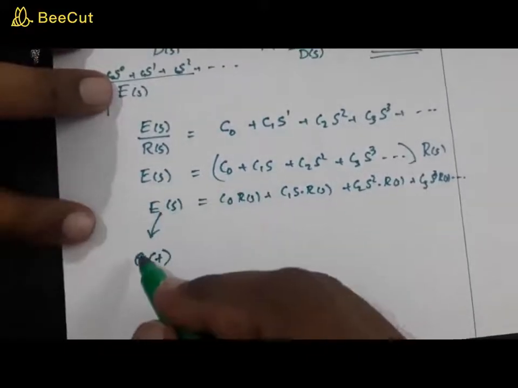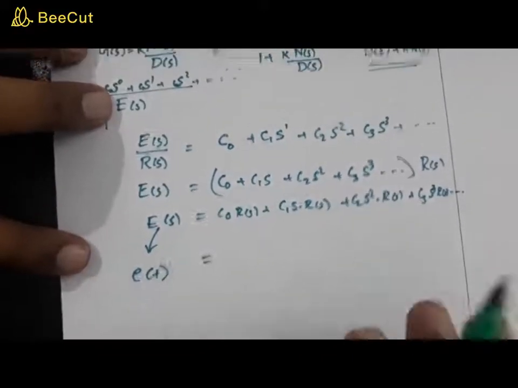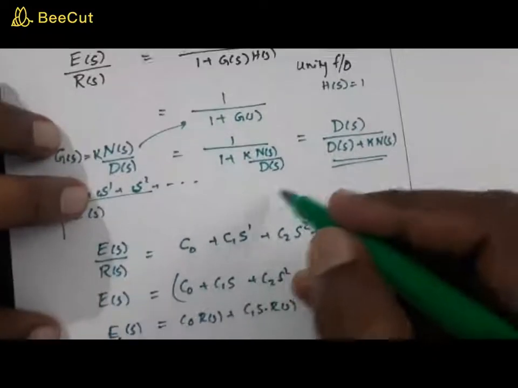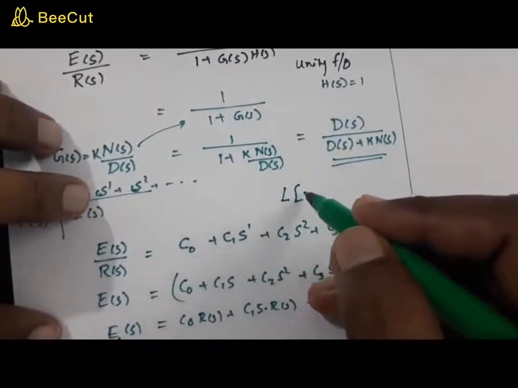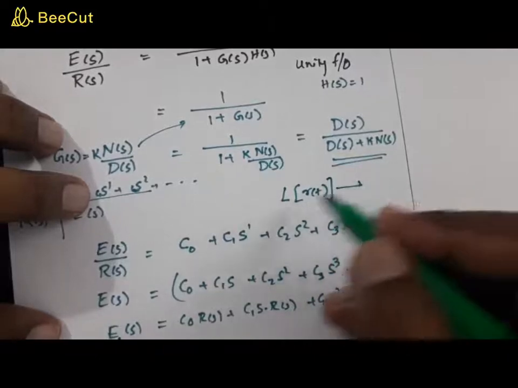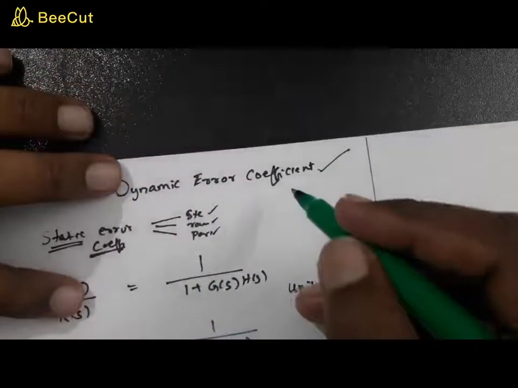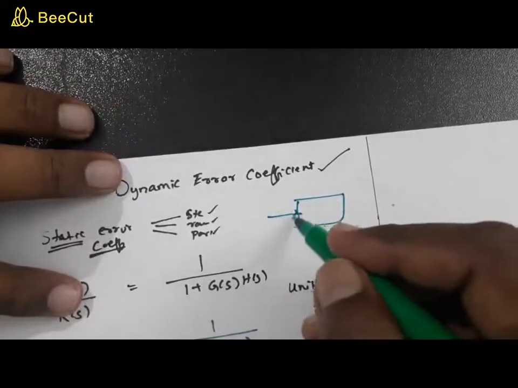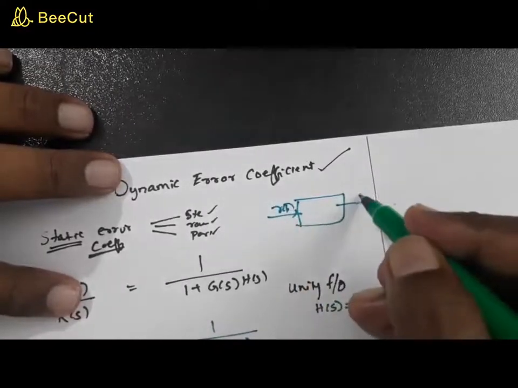This is what I told you. When you take the error signal, what is actually R(s)? R(s) is the Laplace transform of r(t). It is not a ramp, it is a general input. So you are considering a general input r(t) and c(t).